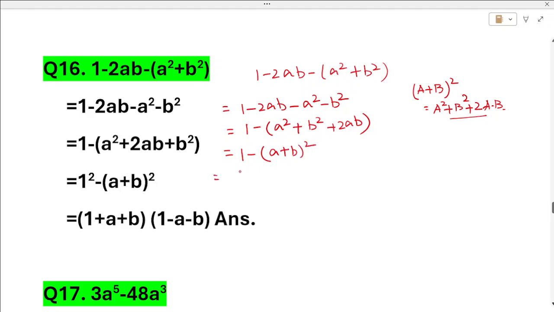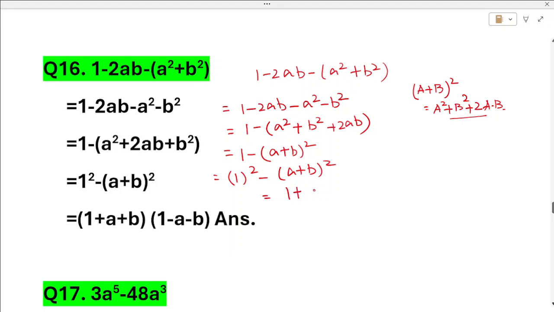So now it is 1 and it is the square of two quantities. If you're not able to see, it is like this only. So now put it as a sum and difference.